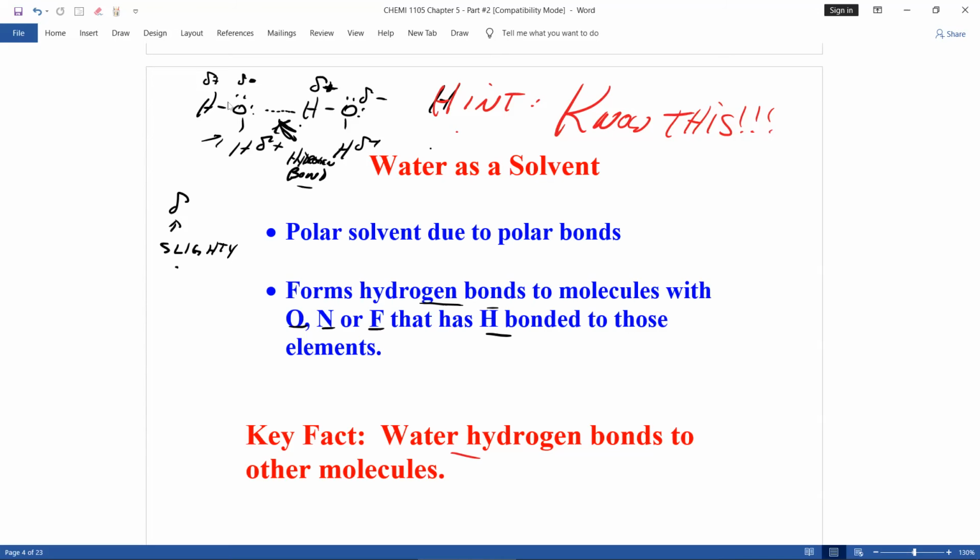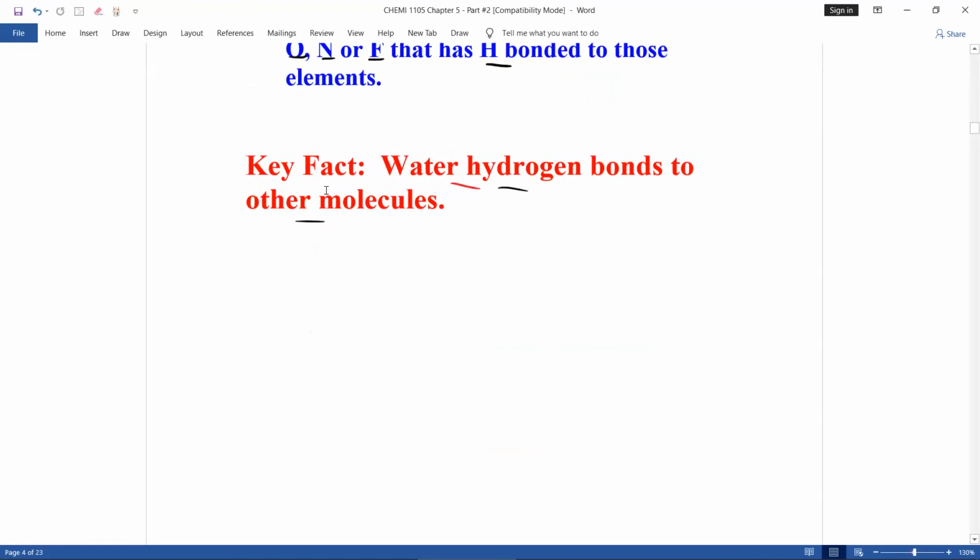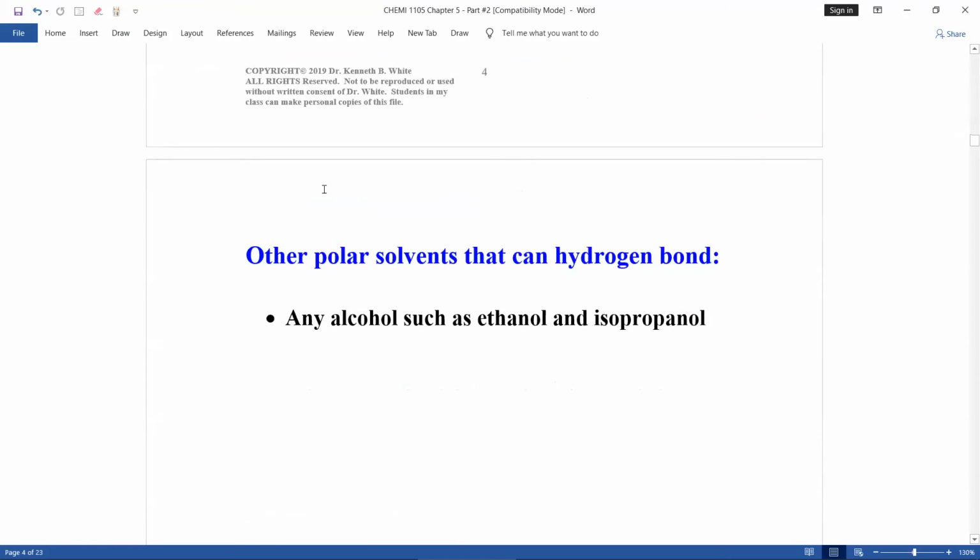And you should know that. Water forms hydrogen bonds to itself and other molecules. Examples of molecules that can form hydrogen bonds: alcohols can, you should know this, hydrogen fluoride and ammonia.